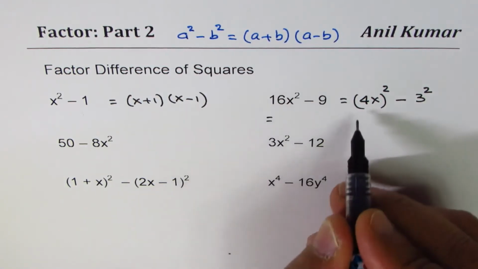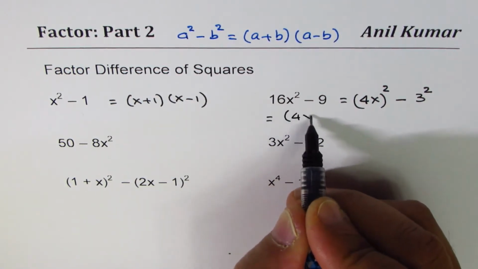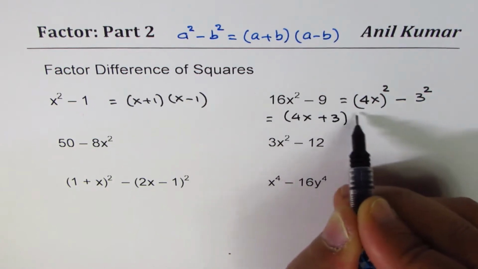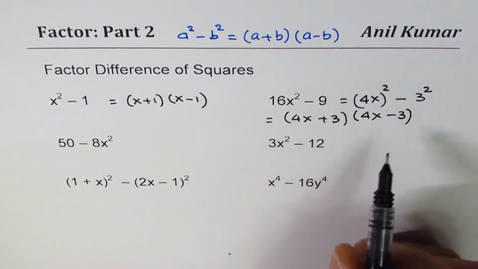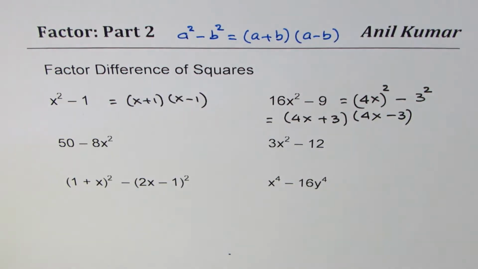So I could factor this as 4x plus 3 times 4x minus 3. You got it, right? So that is how it should be done. These examples look similar, but they're kind of different. So there is a variation which should help you to solve most of the examples of this kind.